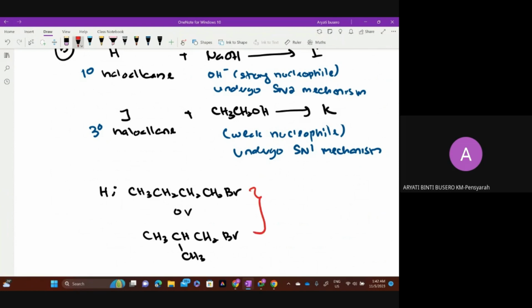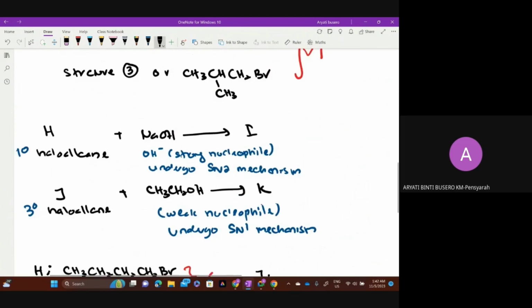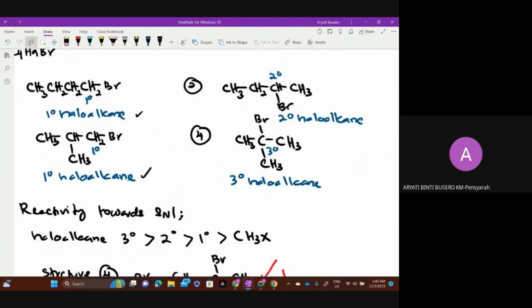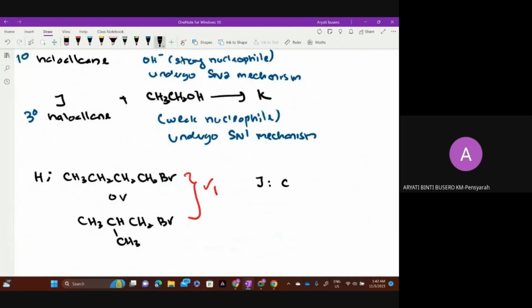So dia akan undergo SN2. So this one marks. So struktur untuk J mesti tertiary haloalkane. So kalau kita refer kita punya drawing, so structure tertiary haloalkane ialah structure number 4. So kita salin balik the one and only tertiary haloalkane CH3, C, CH3, CH3, Br. So this will contribute another 1 mark.